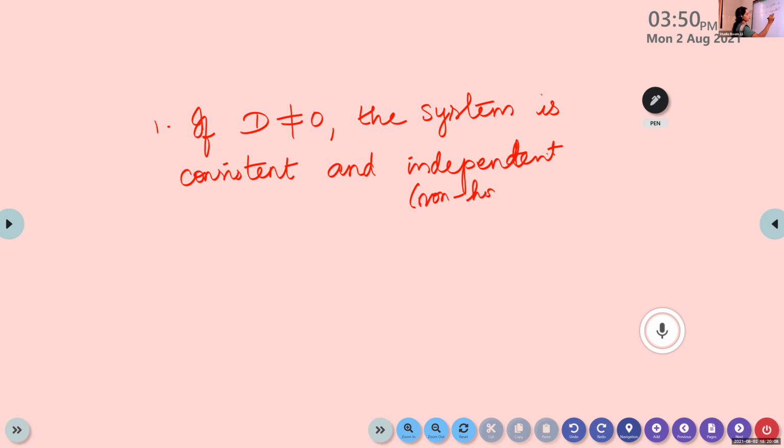Independent means you will get one solution for non-homogeneous, and we get infinite solutions if it is homogeneous.